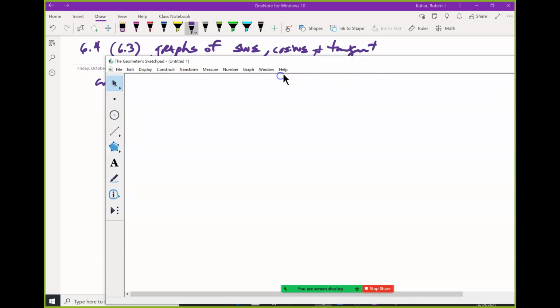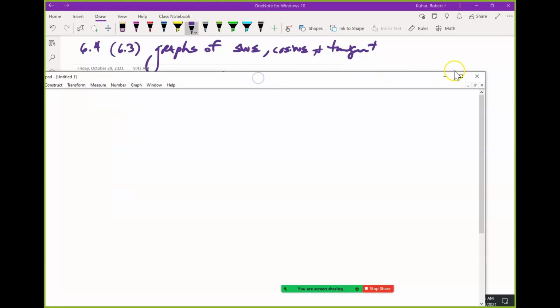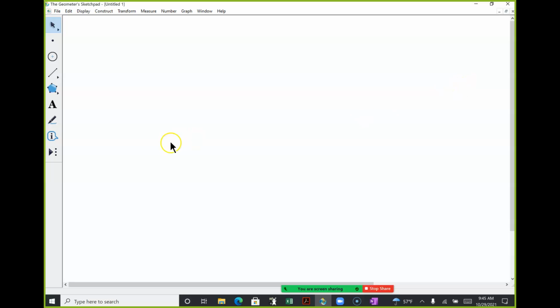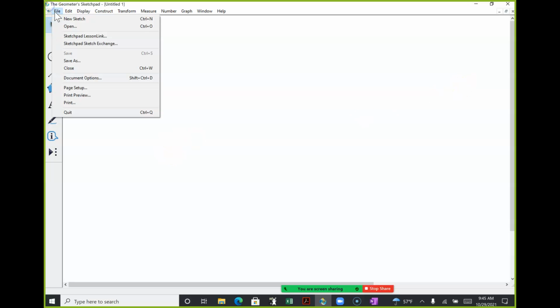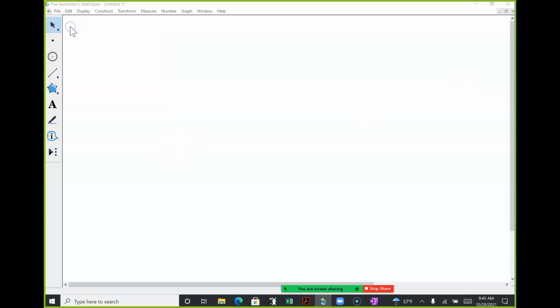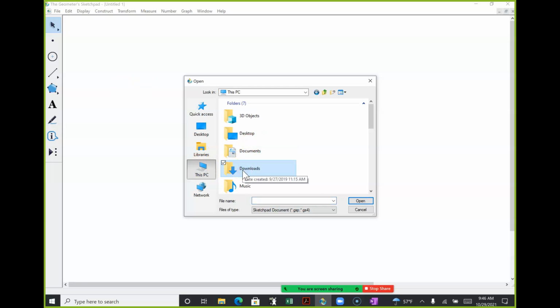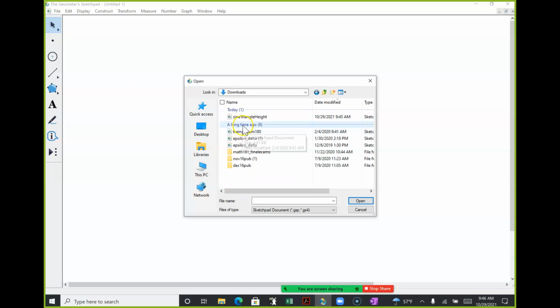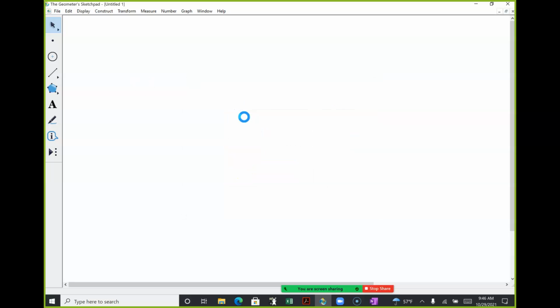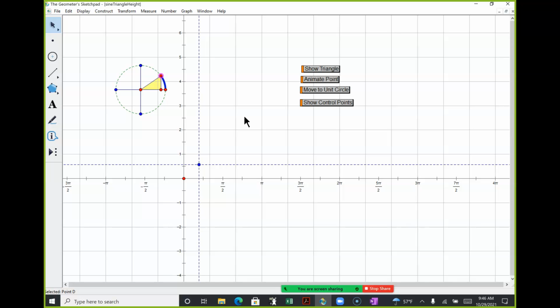I used to teach high school geometry with this in Los Angeles, California. And so I just had to open the sketch I just downloaded. Where is my downloads? And so this is my sine triangle height.